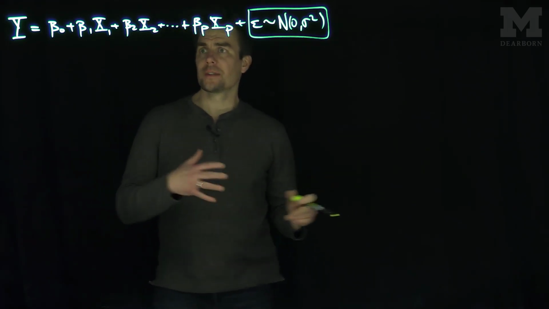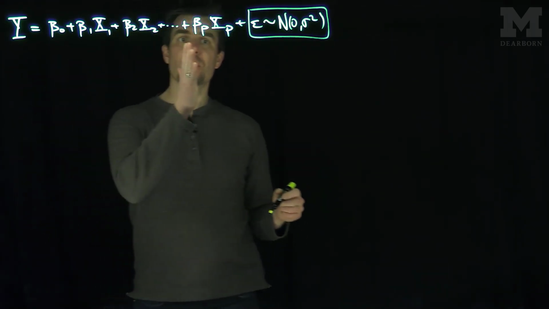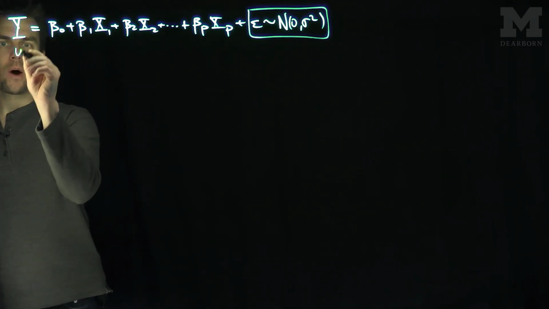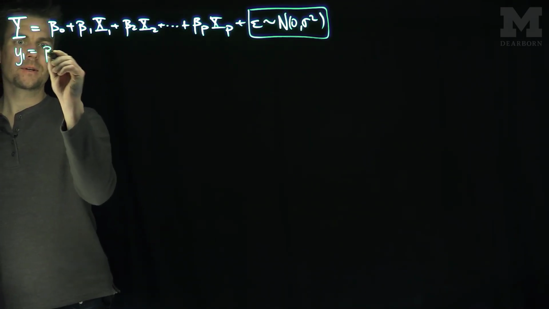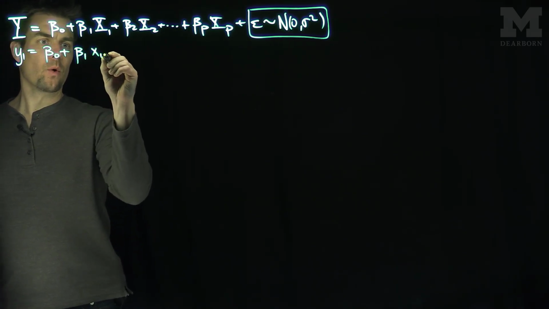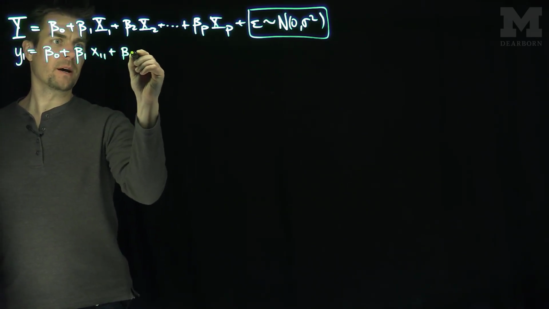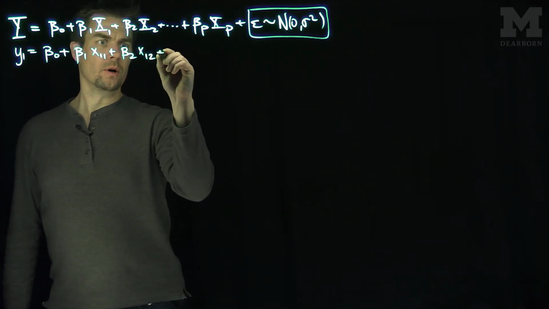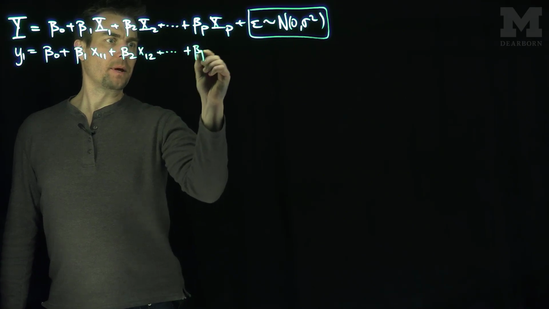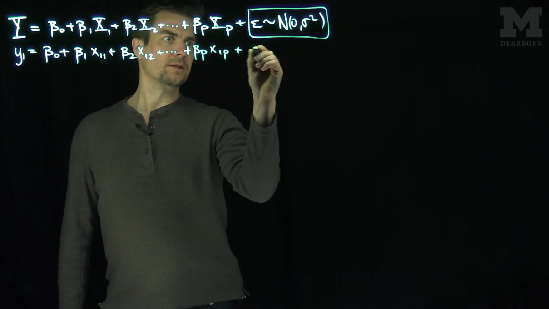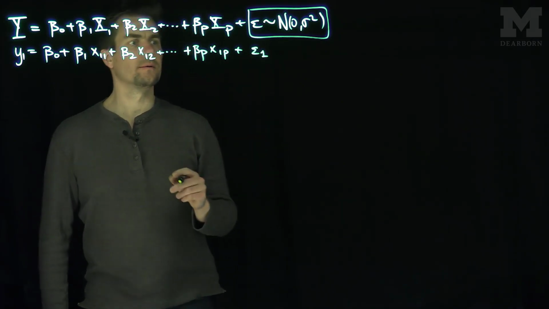Now, we're in the context of a vector situation, and what we can do is write each individual observation. For example, I can write y1 as beta 0 plus beta 1 x11 plus beta 2 x12 plus beta p x1p plus epsilon 1.